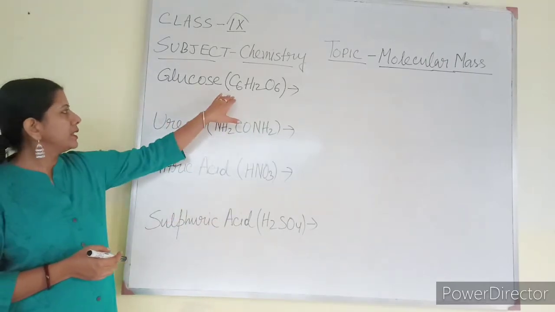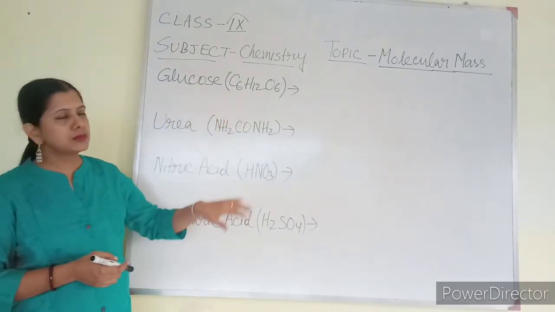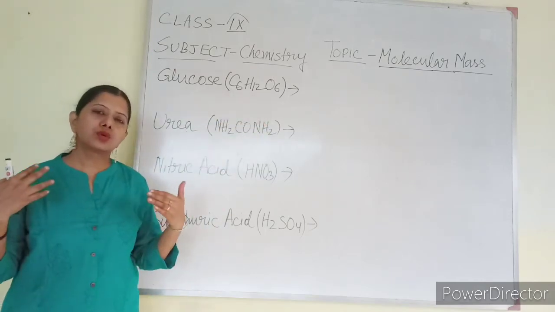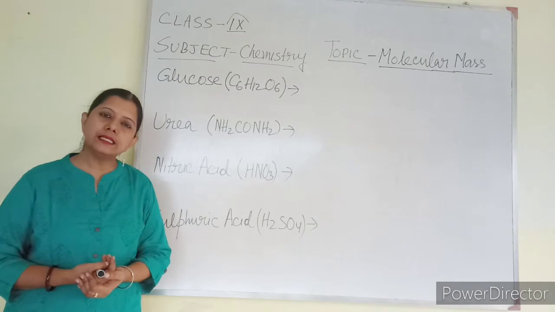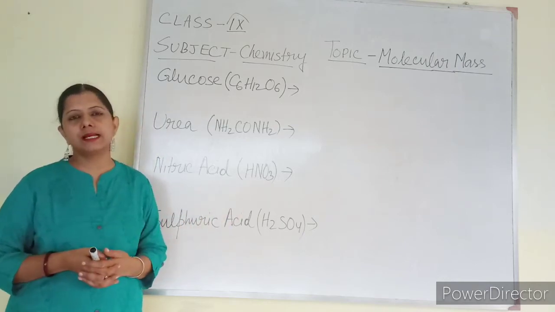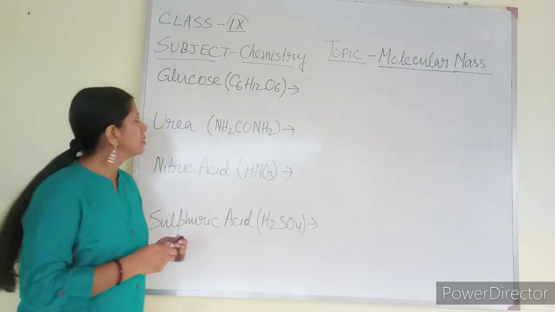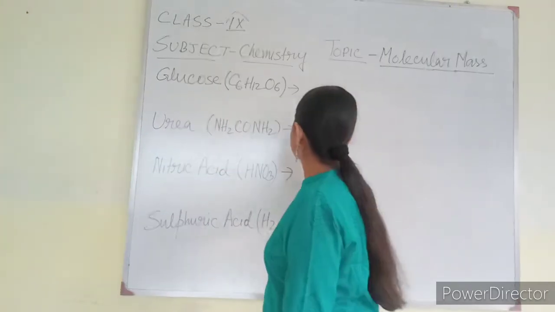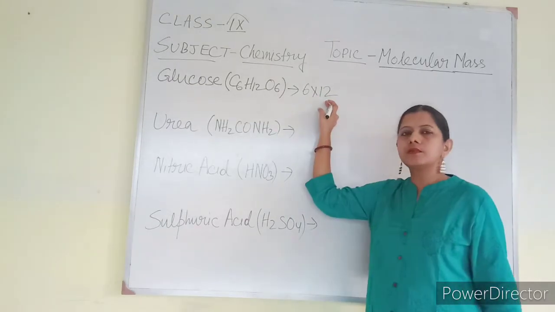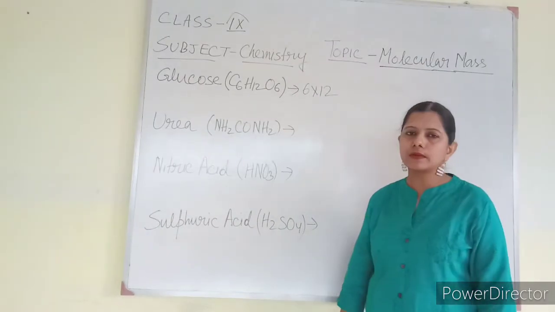C6H12O6. So how many carbon atoms? 6 carbon atoms, 12 hydrogen atoms, 6 oxygen atoms. So calculate the mass of each kind of atom of the element, and then add. So C6 means 6 into 12. Now why 12? 12 is the mass of one atom of carbon.